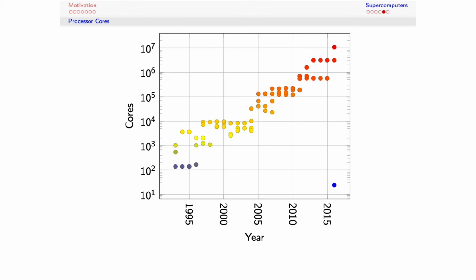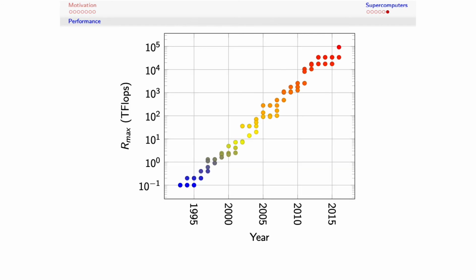So at the extreme, the very highest performing computers on the planet are parallel machines. It's not one processor that's super, super fast. It's a very large number of processors that are themselves quite performant in order to get these kinds of crazy performance numbers. So a single machine with up to 10 million processors. Pretty amazing.